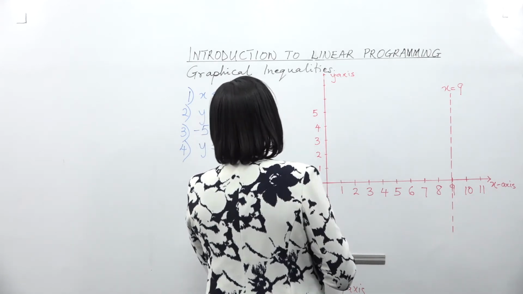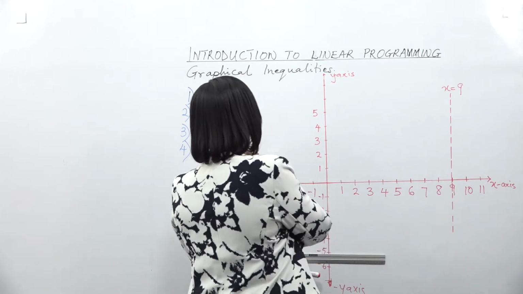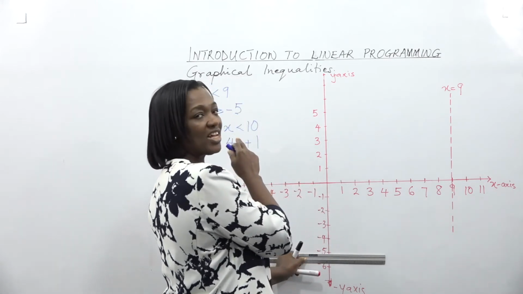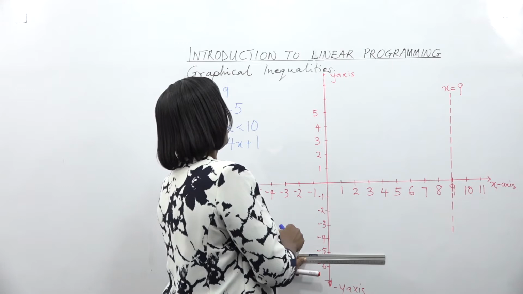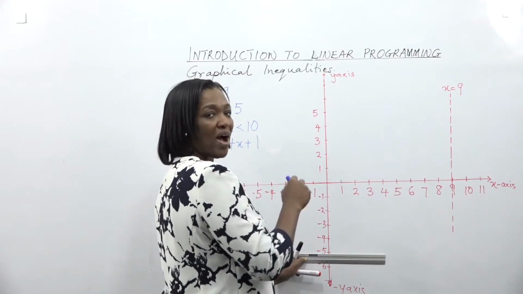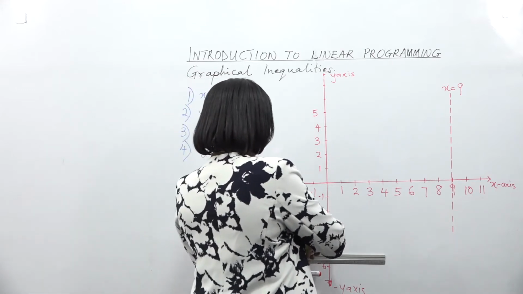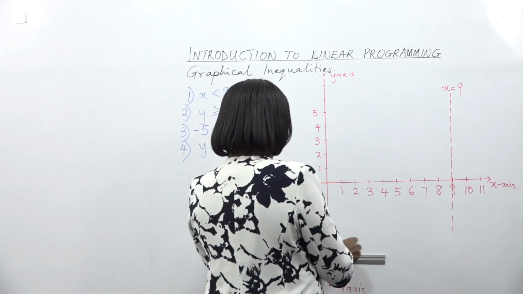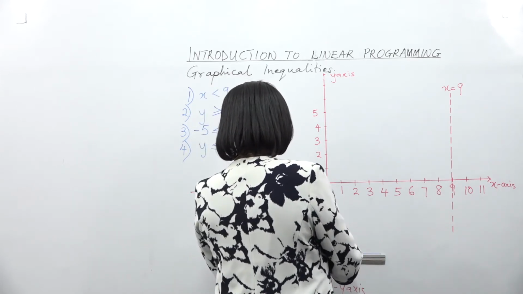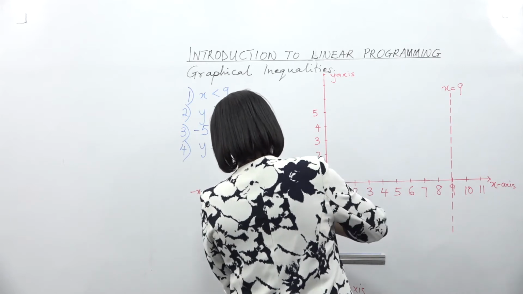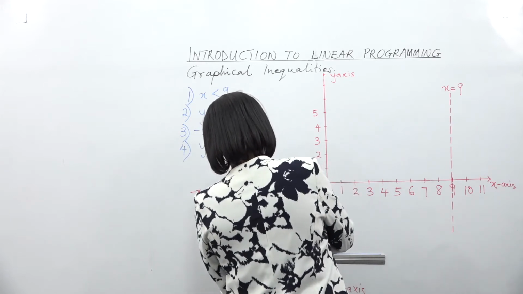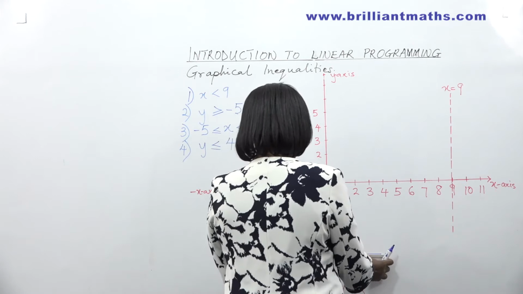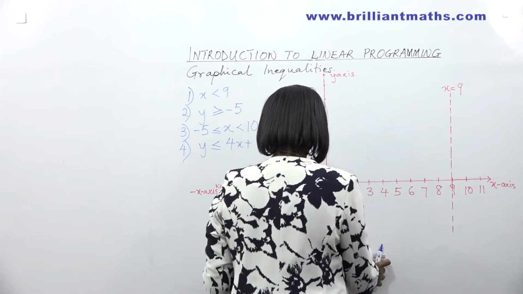But let's take note that here, y is greater than or equal to. So minus 5 is part of it, is included. The point is included, so we would have a solid line passing through y is equal to negative 5 and extending to both sides.